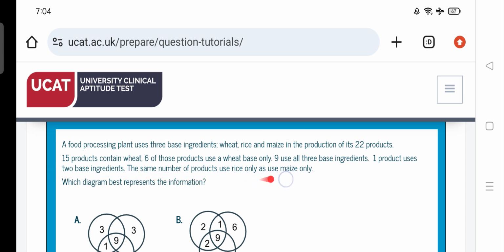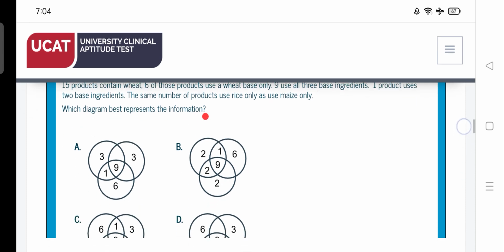The same number of products use rice only as use maize only. Which diagram best represents the information?